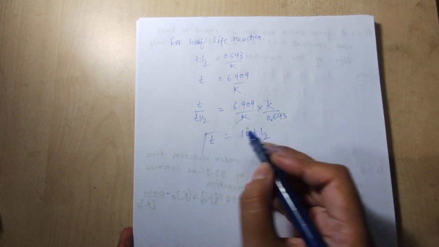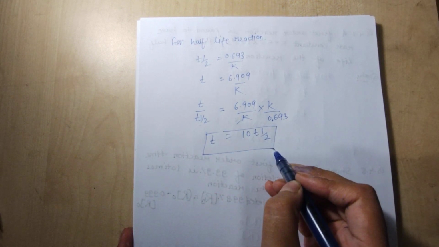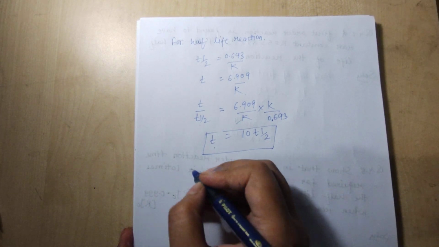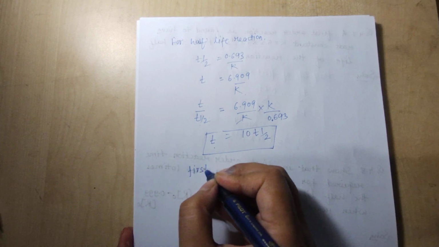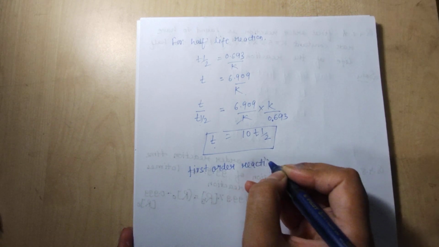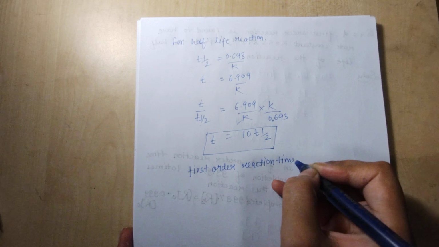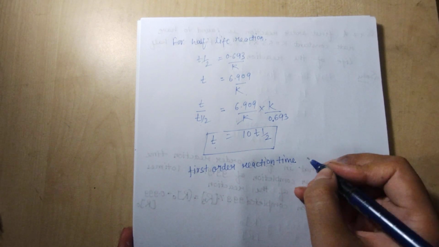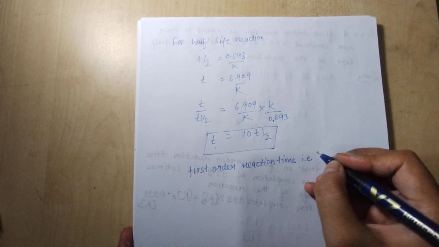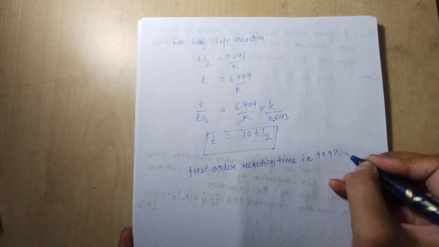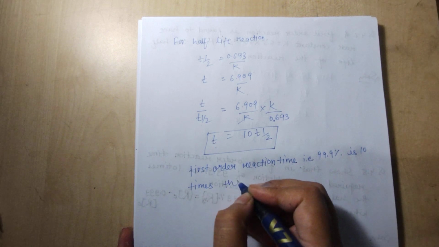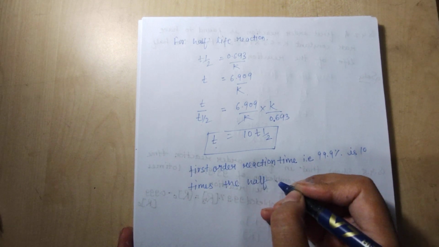So from this equation we derive that for a first order reaction, the time for 99.9% concentration change is 10 times the half-life of the reaction.